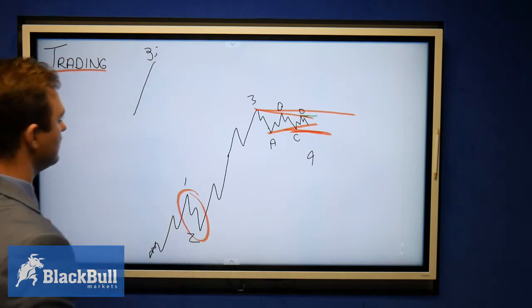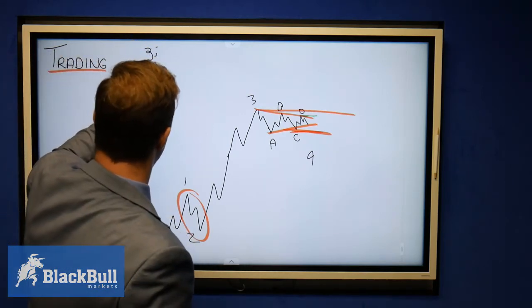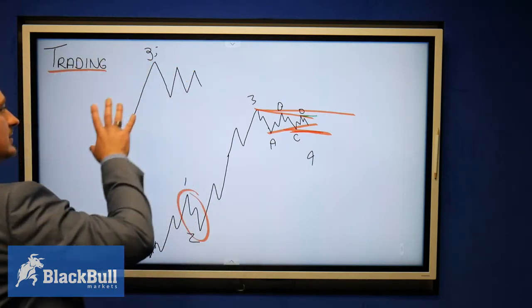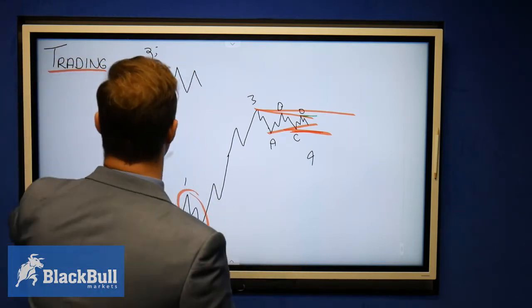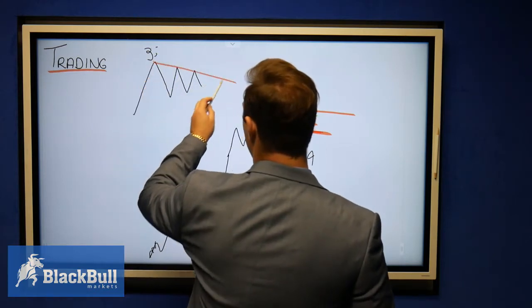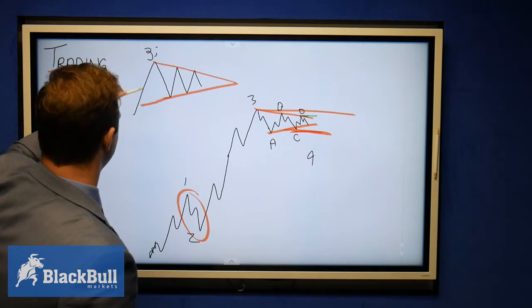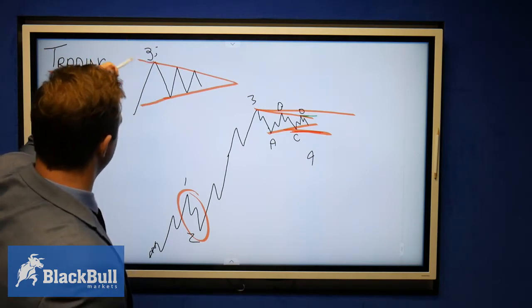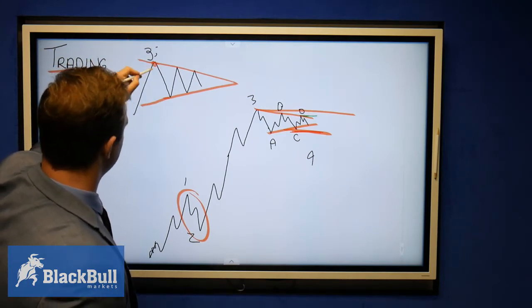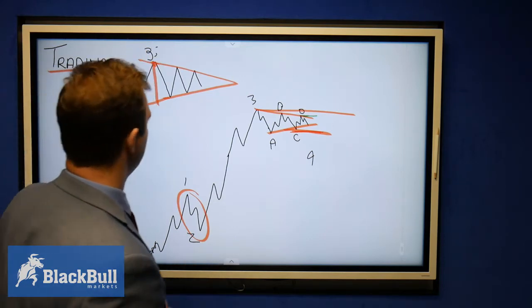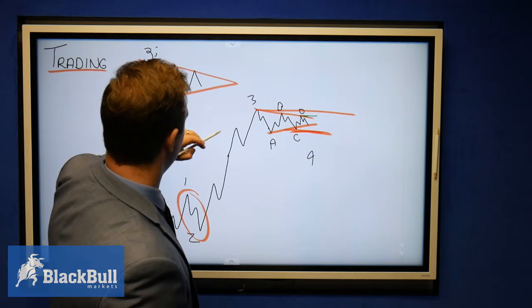And now what we can look for, we saw that triangle move to the downside, A, B, C, D, and E. The way to look for a target for this market is we pull our trend lines and we look for the widest part of this triangle, which is obviously this. That's the start of the triangle, so this is the widest part.